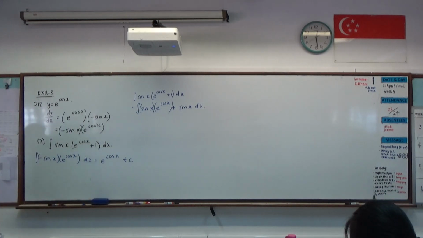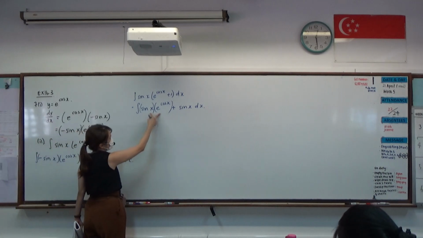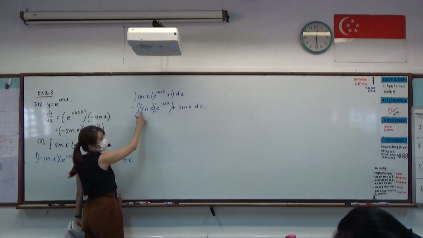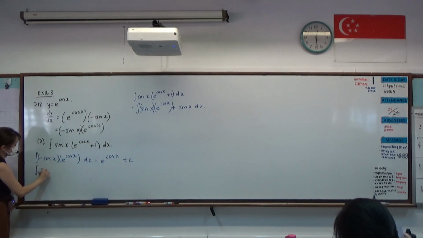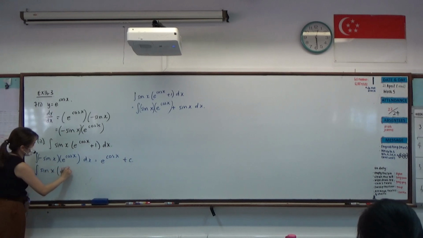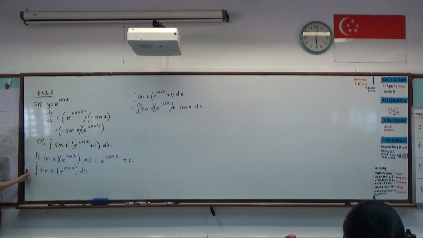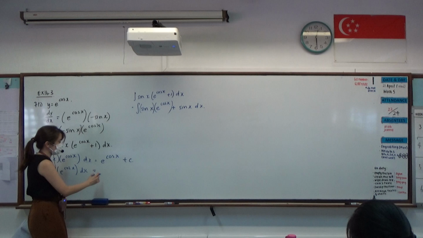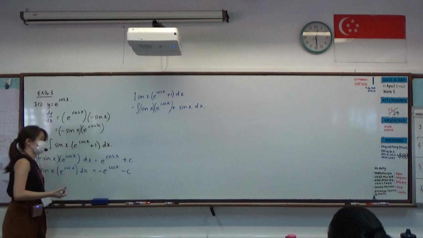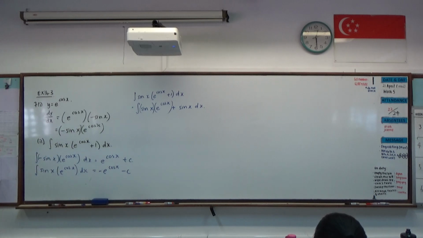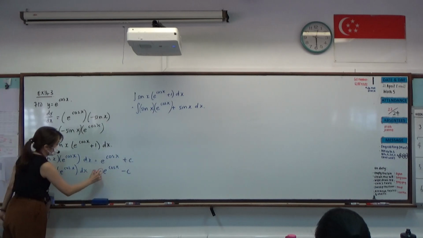But in our earlier question, we have this negative sign, while in this question there is no negative sign. So we can manipulate some things out of this. This actually says that integration of sine x e to the power of cosine x dx, I can take out the negative 1, which can be brought to the other side of the equation to see as negative e to the power of cosine x minus c. Agree? So I took out the negative sign and brought it over here instead.